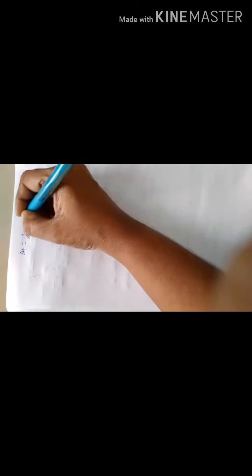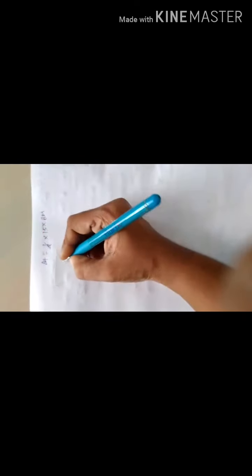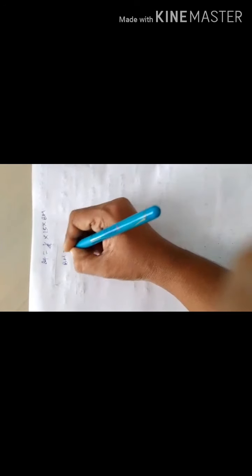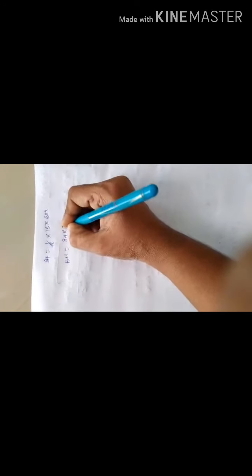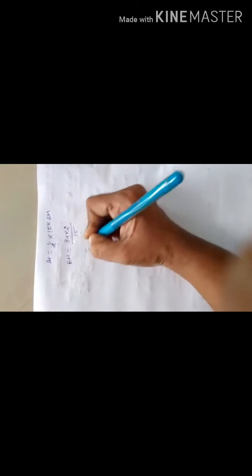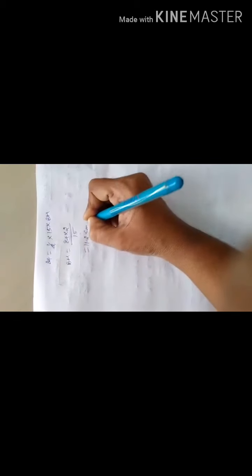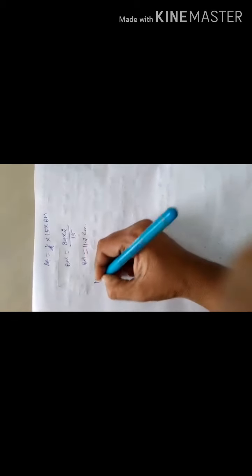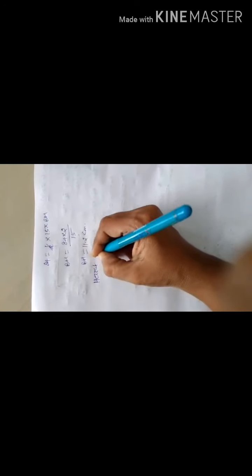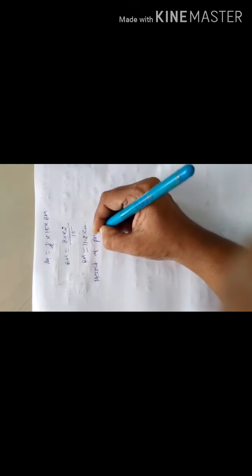Already we know that this is 84, 1 by 2, base is 15, height we don't know, that height is only BM. 1 by 2 into 15 into BM. So BM equal to 84 into 2 divided by 15 is 11.2 centimeter. So this is the height of the parallelogram.